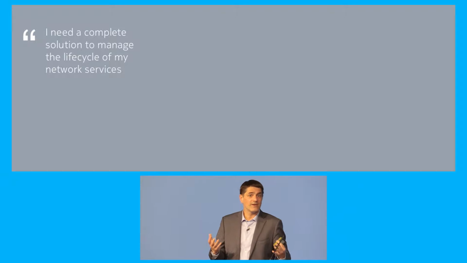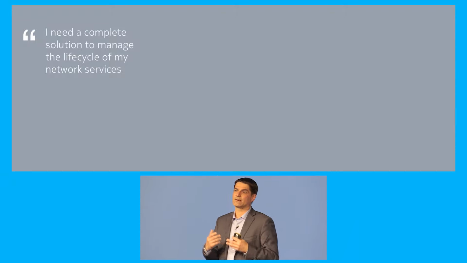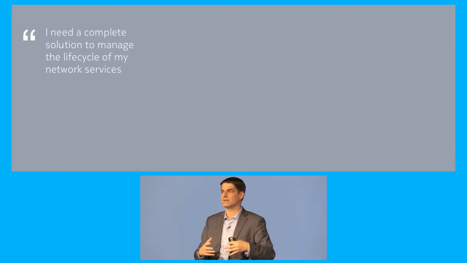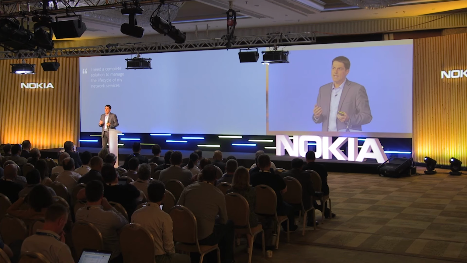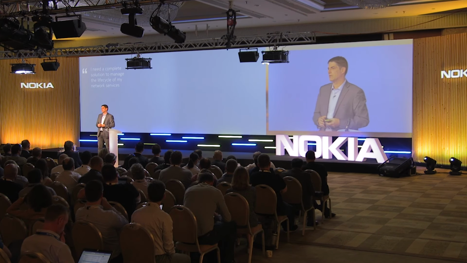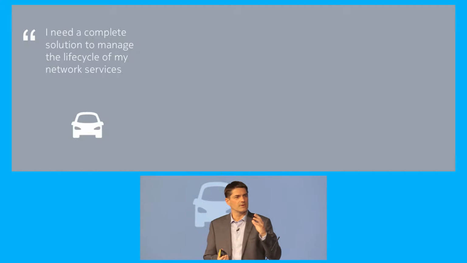One might be I don't have a large team, or I don't have the skills. I don't want to be the systems integrator. I don't want to deploy heavy OSSs that integrate into a variety of different technologies. And for that, I need a partner that will bring the full solution with all the management and control set of applications.